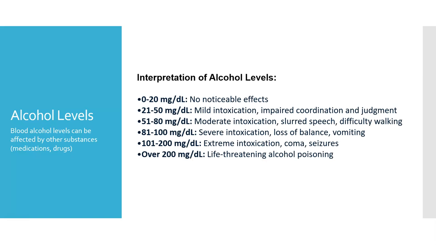Probably not somebody you're going to send right home, right? They're severely intoxicated. Somebody with 101 to 200 is extreme. They're probably having a coma and seizures. They're probably going to critical care. Anybody over 200 is life threatening with alcohol poisoning. But just know at which level would you consider admitting or sending home.